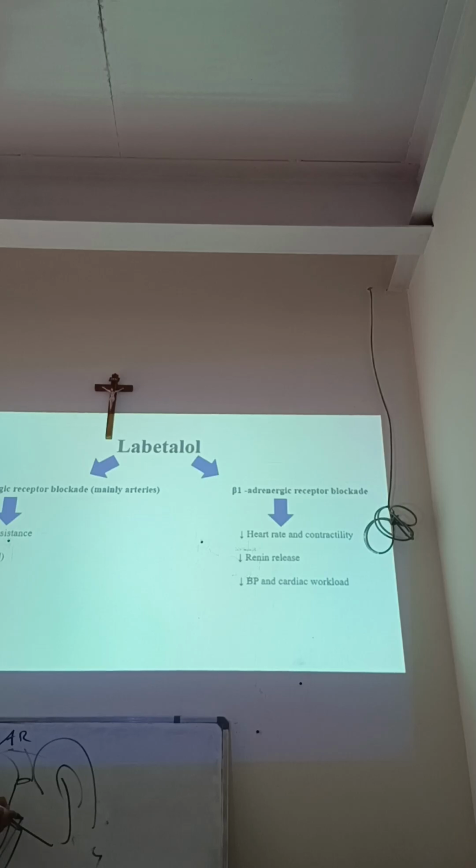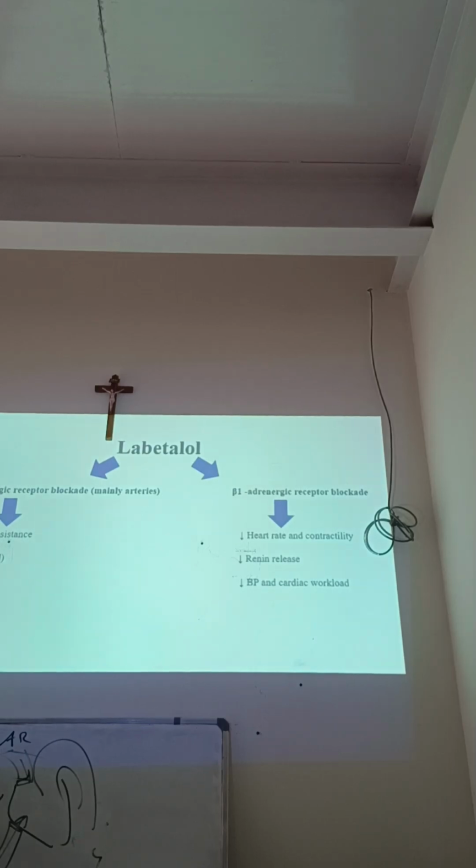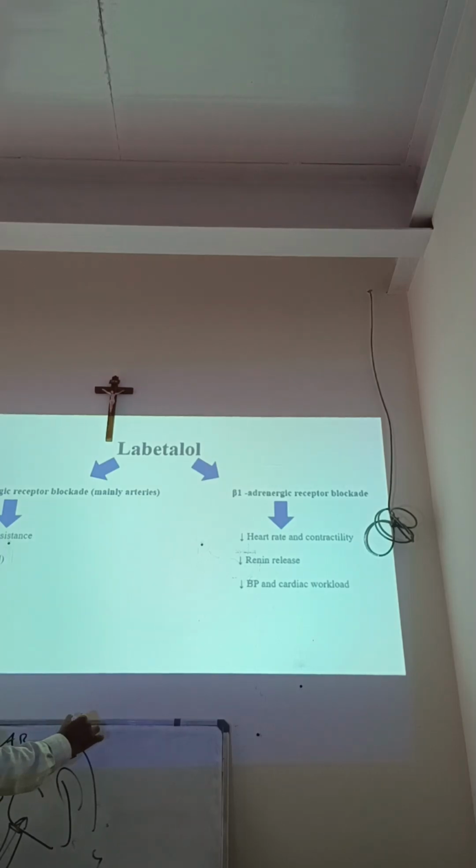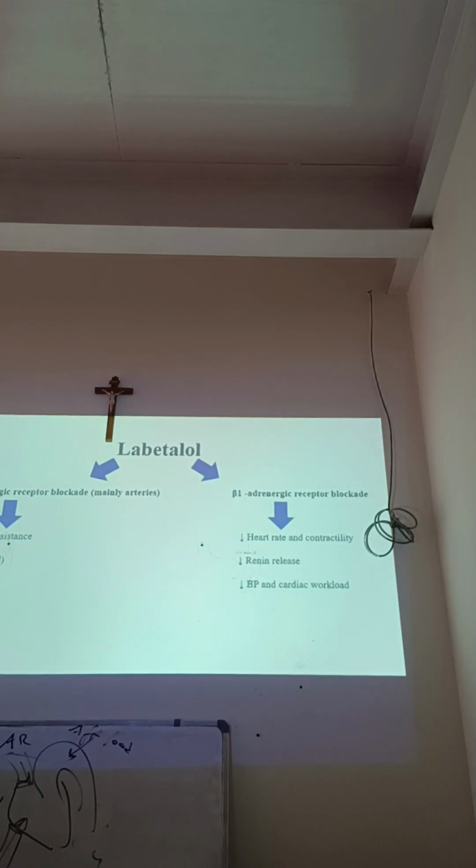If the pressure increases in the vein behind the heart, this is called preload. The load of the heart is increasing. If the pressure increases here in the artery, it's called afterload. So BP can be increased by an increase in preload or afterload or both.